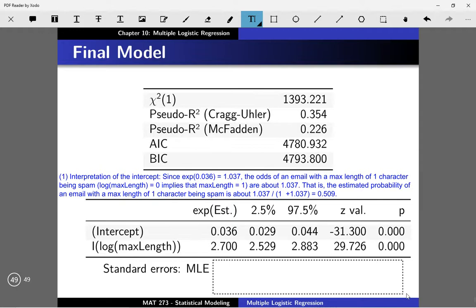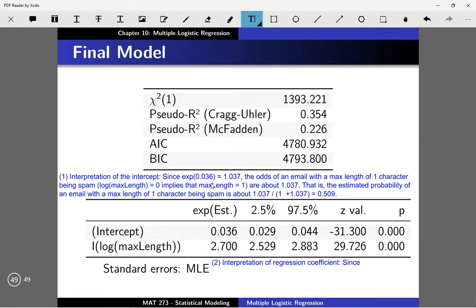For the regression coefficient, since e to the 2.7, oh no, I'm sorry, this is already exponentiated.